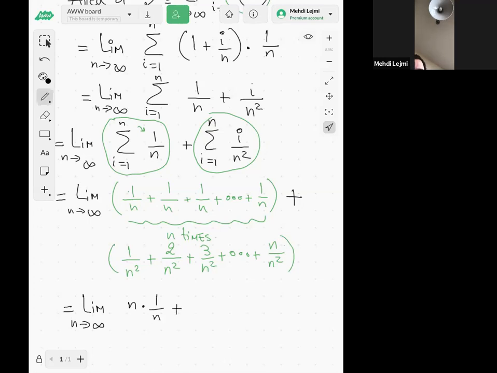Now, for the second sum, this one here, you can see there is a common factor, which is n squared. You can factor out the n squared. So it's 1 over n squared times, that's our common factor, the denominator. And then in the top, we're going to have 1, plus 2, plus 3, plus etc. plus n, right?